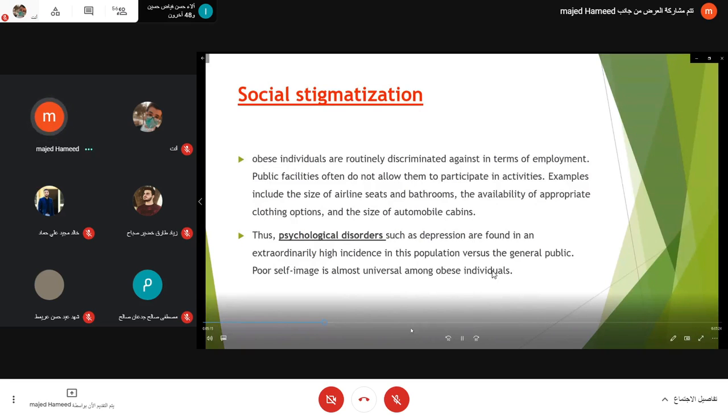Examples include the size of airline seats and bathrooms, the availability of appropriate clothing options, and the size of automobile cabins. Thus, psychological disorders such as depression are found in an extraordinarily high incidence in this population versus the general population. Poor self-image is the most universal among obese individuals.